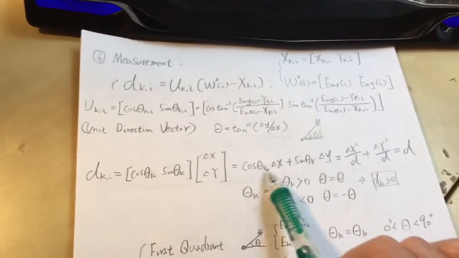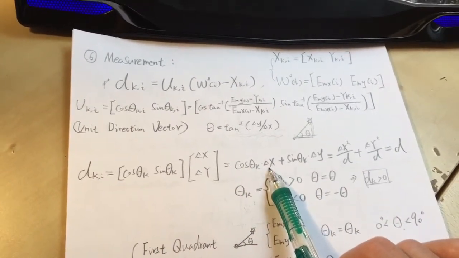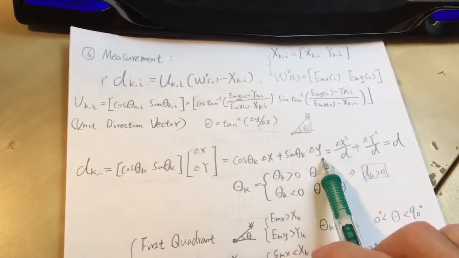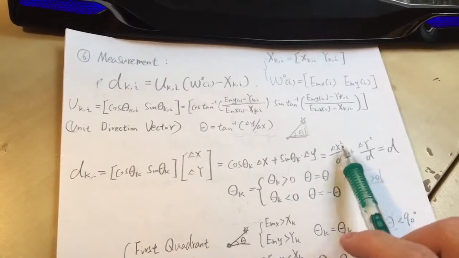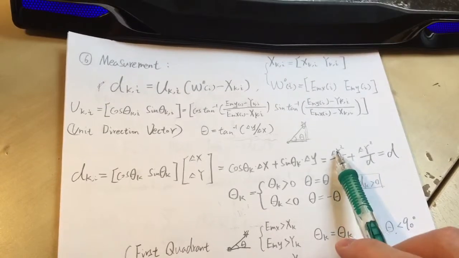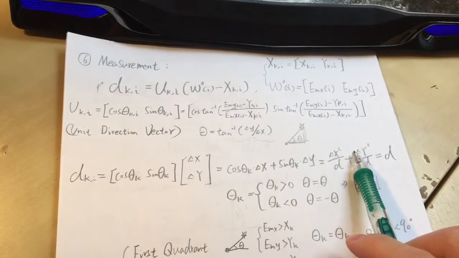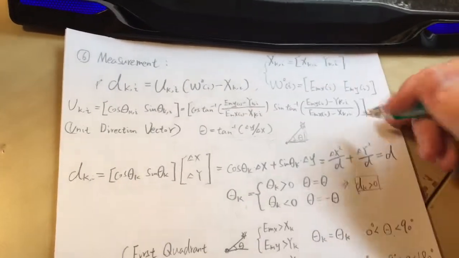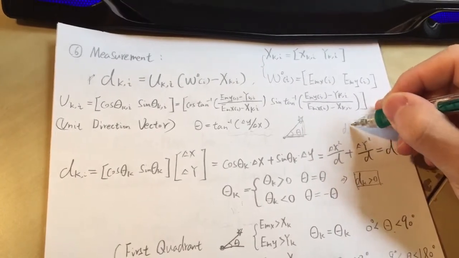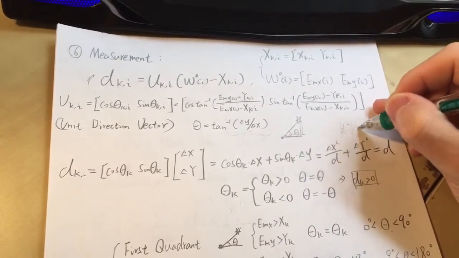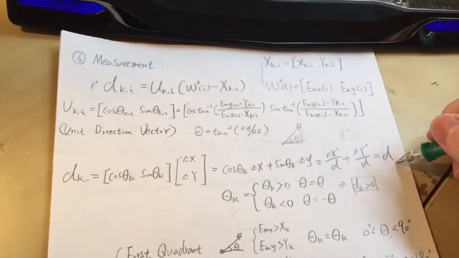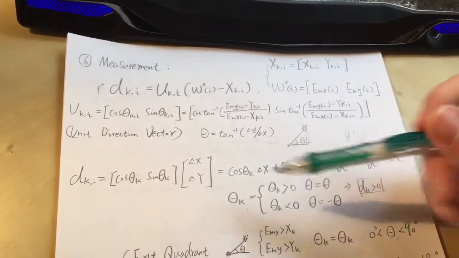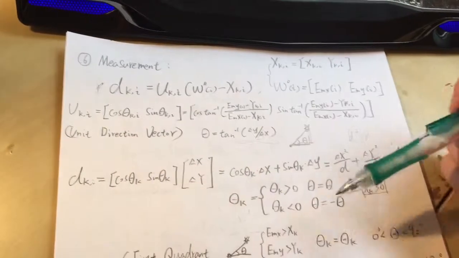Simple: cosine theta times delta x plus sine theta times delta y. So we get d. The numerator will be delta x squared plus delta y squared, which equals d squared, and divided by d will still be d. That's the critical point why we're using this equation instead of just theta.